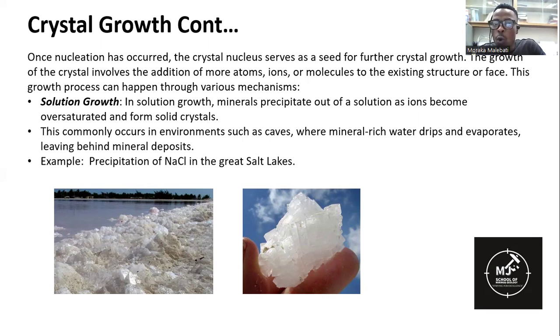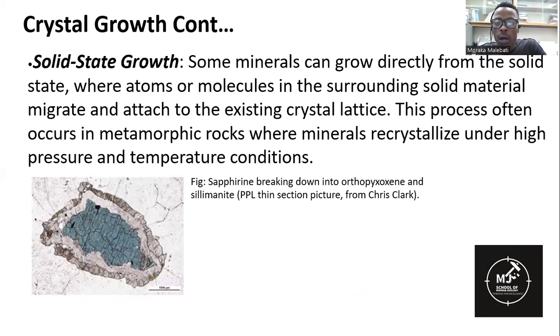Okay. So this growth happens in two ways: solution growth or solid growth. This solid state growth usually happens in metamorphism. Remember, in metamorphism, if melting happens, we're no longer talking metamorphism, then we are into a magma. All right, we're into magmatic rocks.